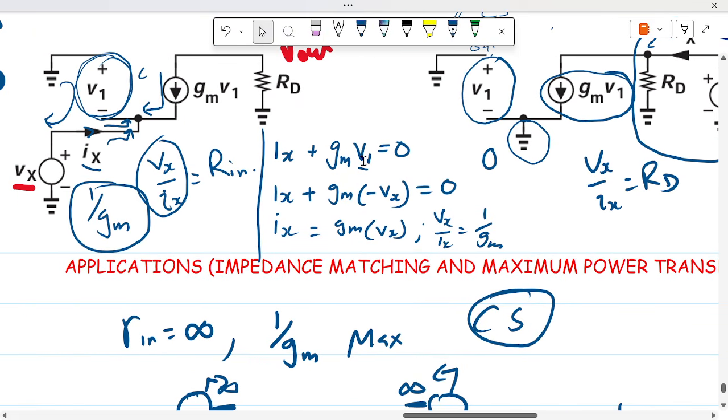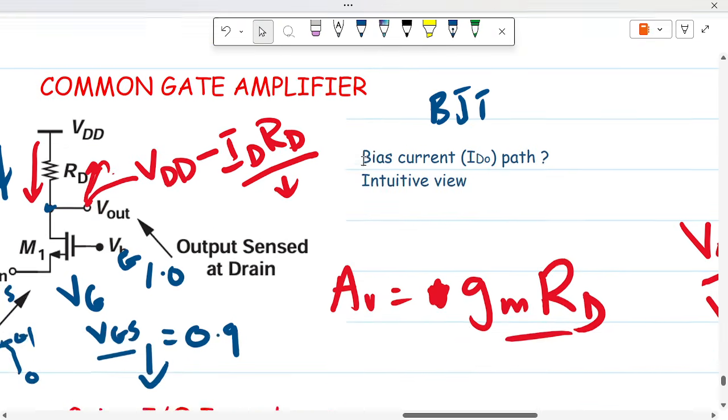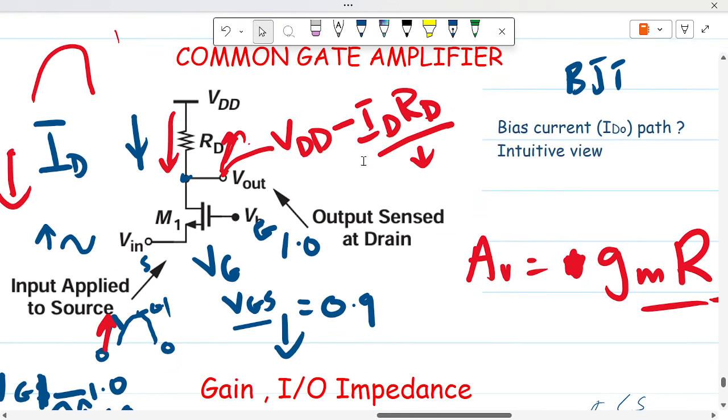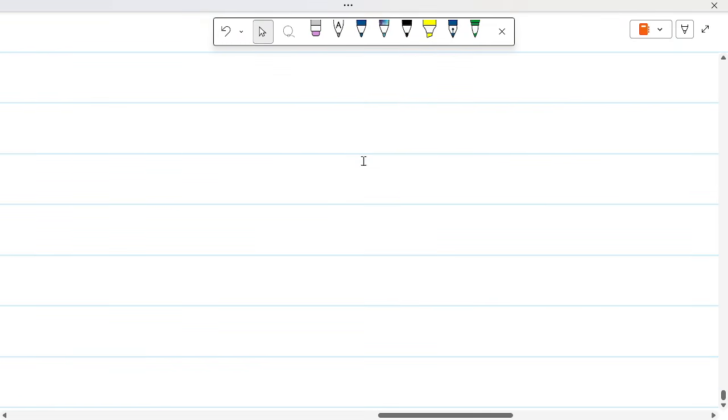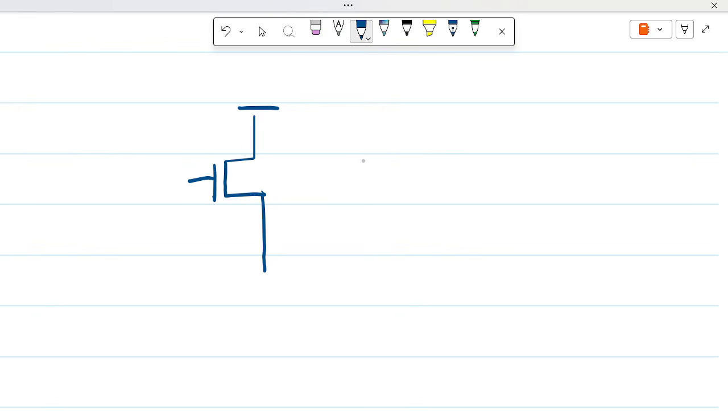Before we end, we also have to take a look at one important aspect of the common gate stage. Now, drawing the common gate stage like this, and this is the bias voltage.